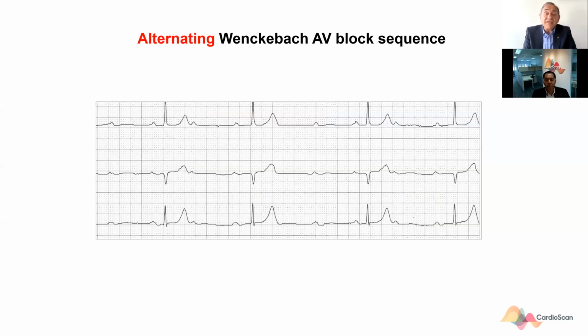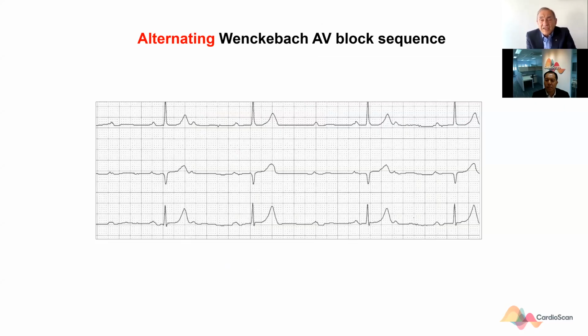And finally, I'd like to show 2 more ECGs, which are bizarre, but represent the extremes of Wenckebach AV block sequences. When we look at this ECG, the first thing that you can see is complete heart block, but it isn't. If you look closely, you'll see that the QRS complexes are different rates.